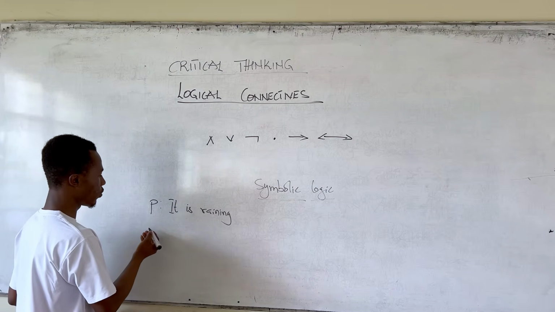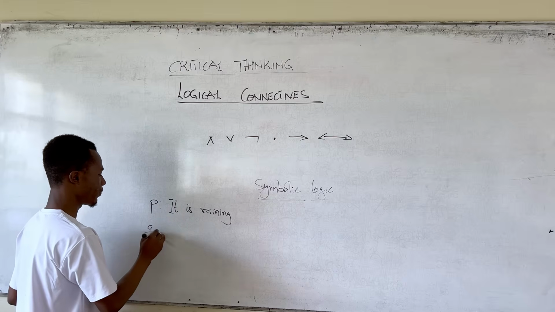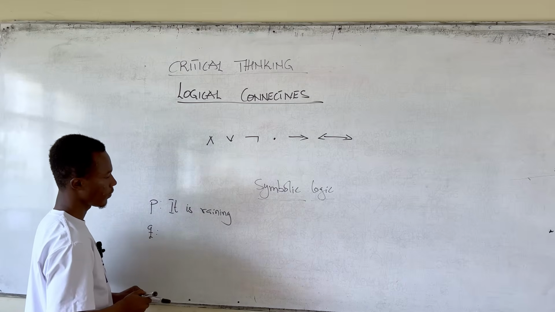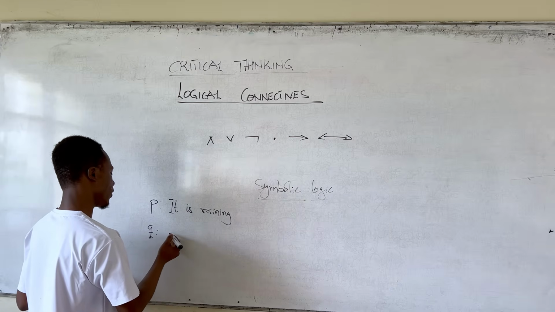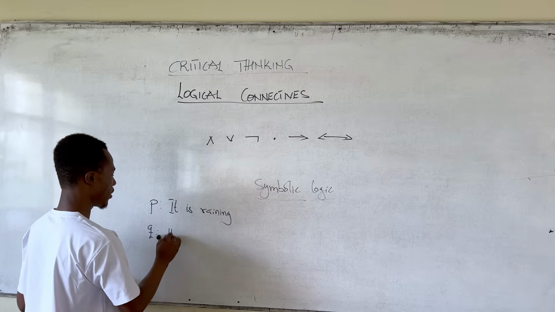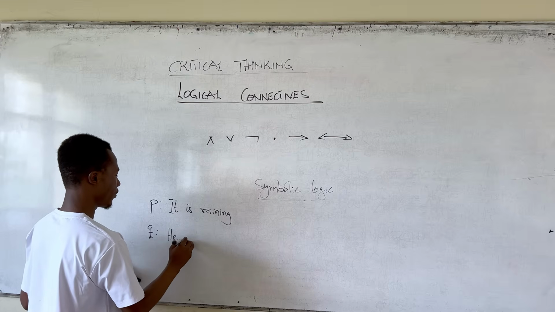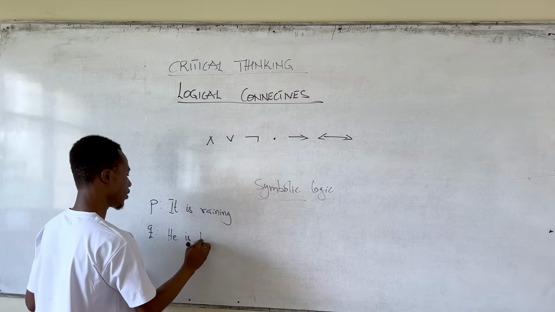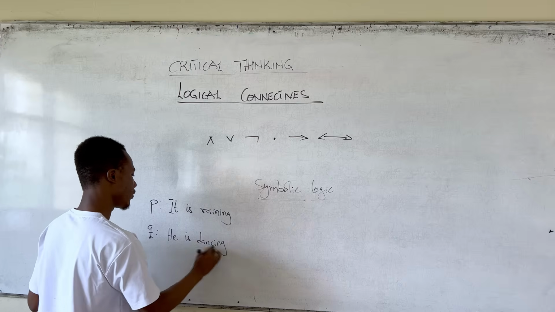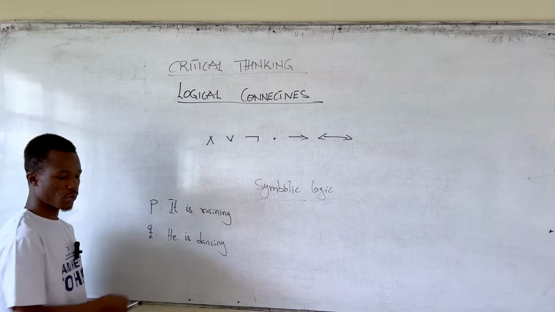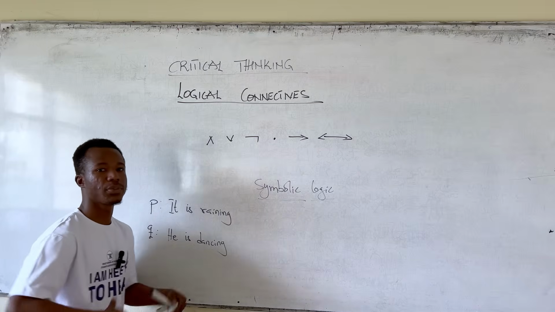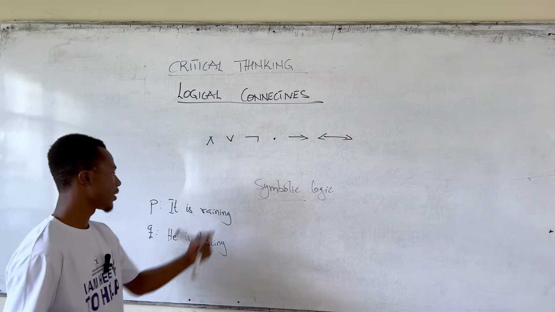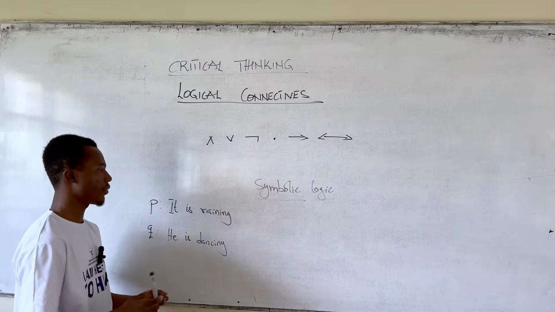They can also give you another one, let's say Q. Q is, let's say, he is dancing. We are going to express these in symbolic form.